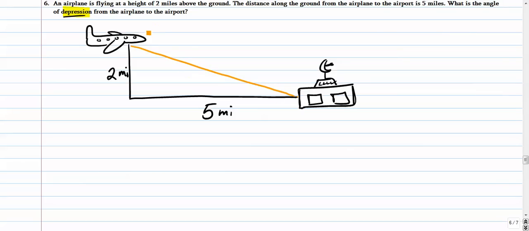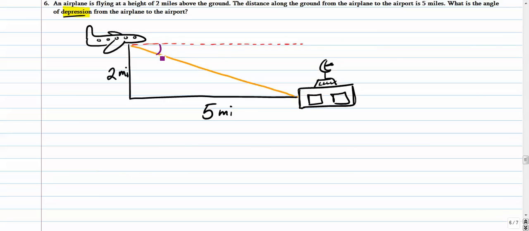All right, and the angle of depression is something that is in relation to the horizontal. So if this plane were to keep flying horizontal past the airport, its angle of depression is this angle right in here.